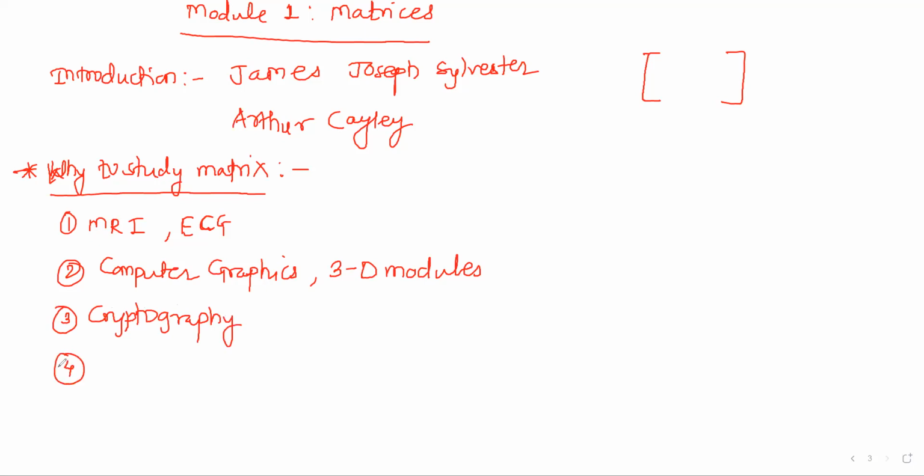Also, any other application you know? Matrices are also used to do search on Google. Search, I think you all know. Search on Google, right?